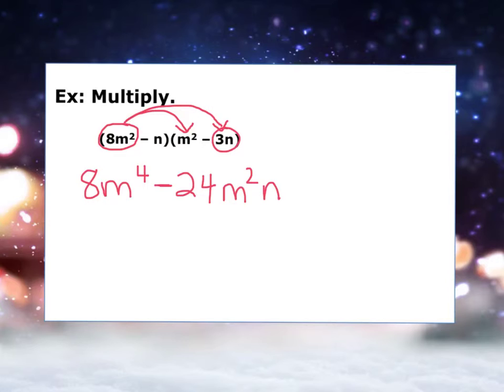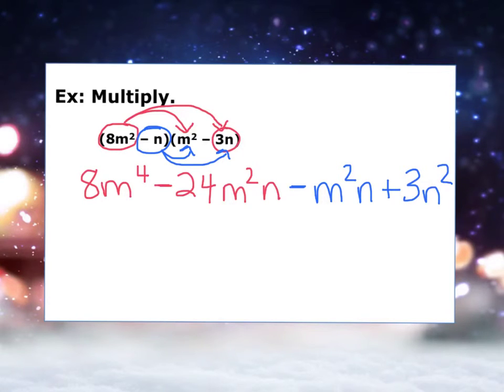Then I distribute the negative n, and that will go to the first term and to the second term. So I get negative m squared n. And then multiplied by the last one will give me positive 3n squared. And remember, you always combine the two middle terms. Notice they're like terms.